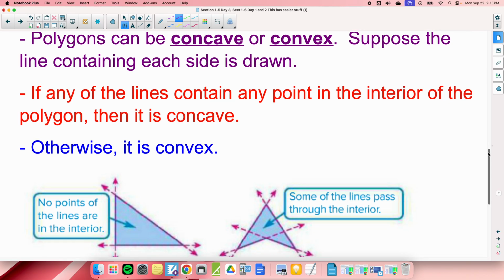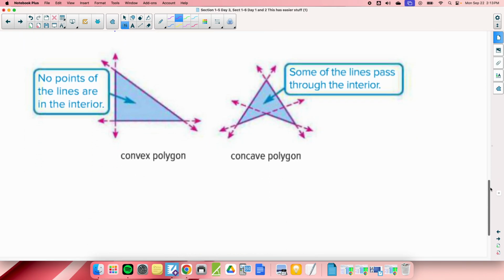Now, one of the types of questions it's gonna ask you today is: is this polygon convex or is it concave? And what I think is the easiest way to explain it is something is concave if it caves in. Do you see how this kind of caves into the middle?